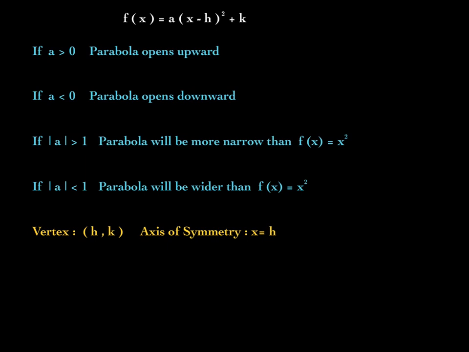So if you have a parabola here, let me draw it like this. If it's opening upward, then your axis of symmetry is something like this. It cuts your parabola right in half, and what you see on the left-hand side is mirrored on the right. But the interesting thing is the AOS, or axis of symmetry, is a vertical line that goes right through your vertex.